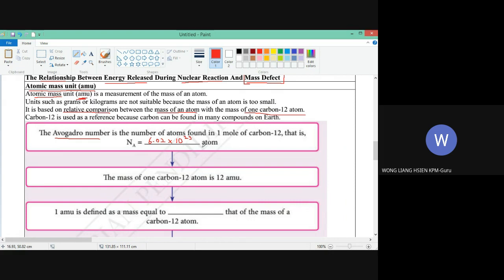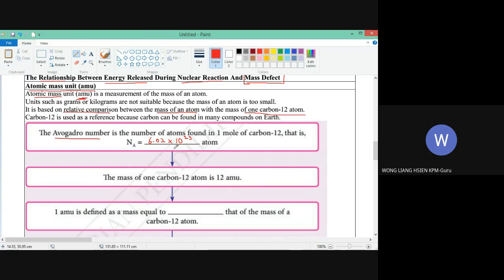So 1 mole of carbon-12 is 6.02 times 10 to the power of 23 atoms. In another way, if you have 6.02 times 10 to the power of 23 atoms of carbon, then you have 1 mole of carbon.